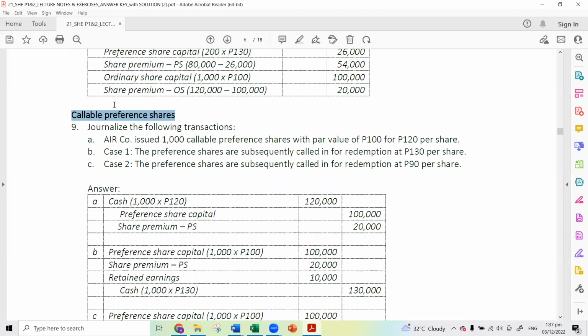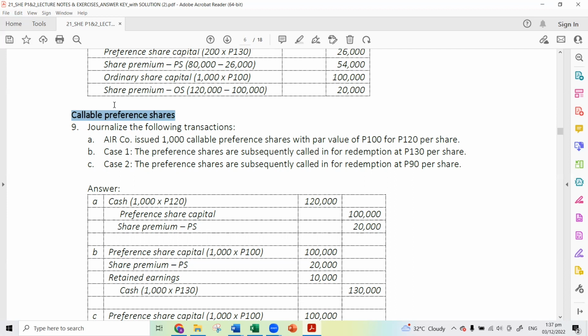So it is classified as equity, because the right to call is at the discretion of the issuer. This means the issuer has no obligation to pay unless it chooses to call the shares. That is the difference between redeemable and callable preference shares.